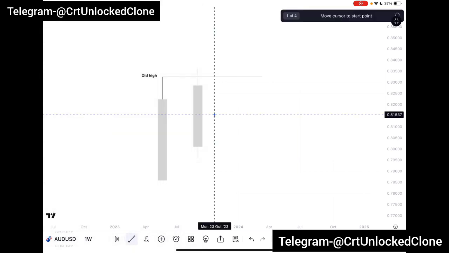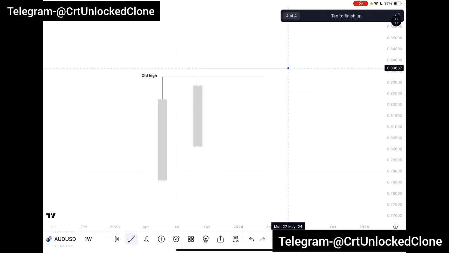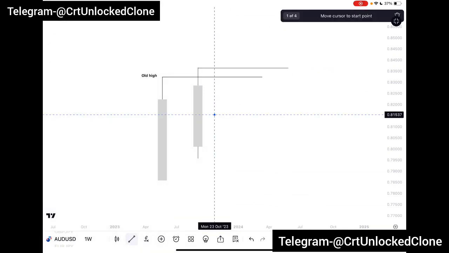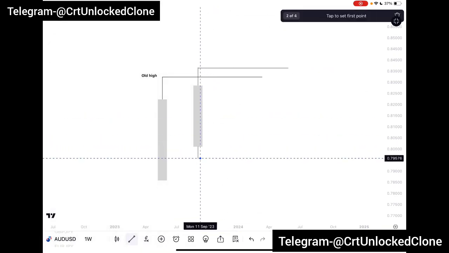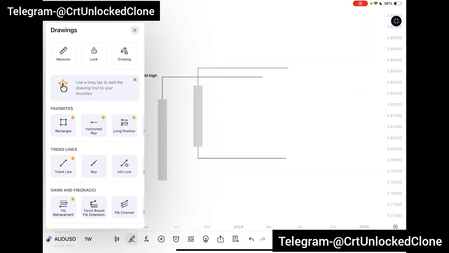Now this is the CRT candle, and this is the CRT high and this is the CRT low. So now we got our CRT high and low, and don't worry guys, you will definitely get what I'm going to convey. So now I will write it.